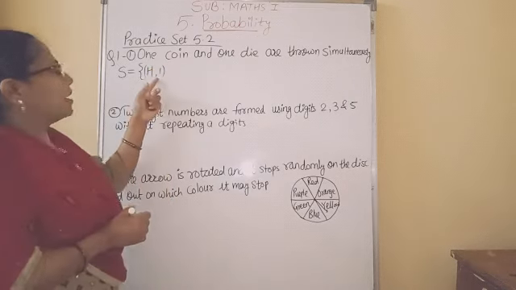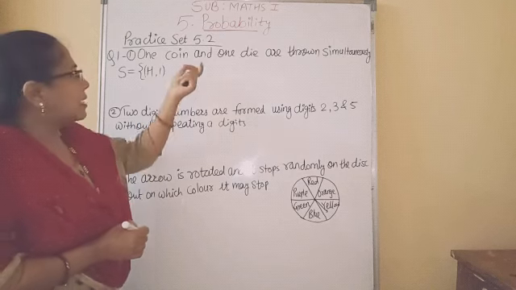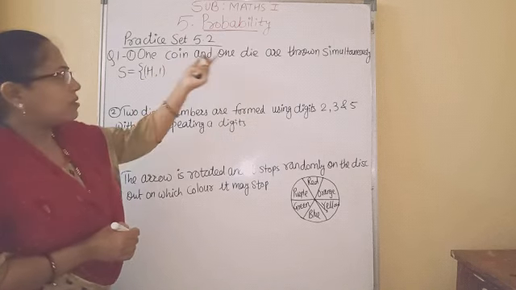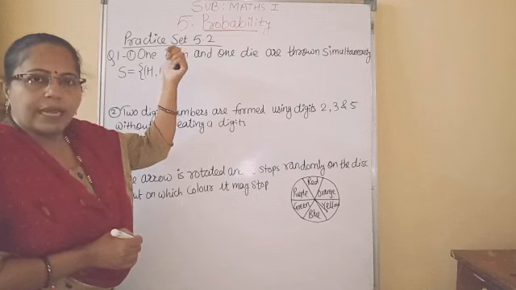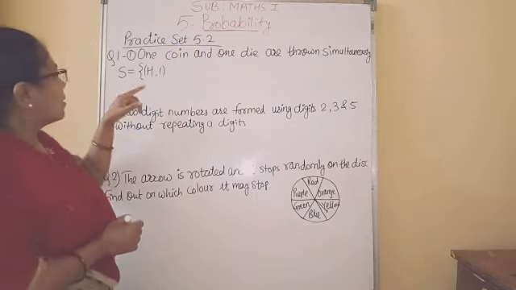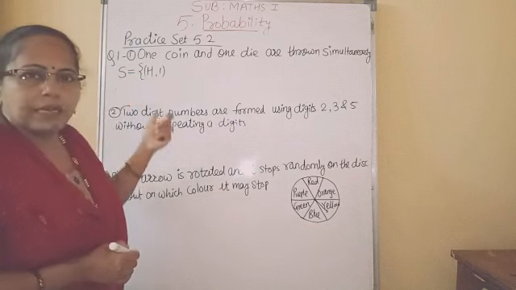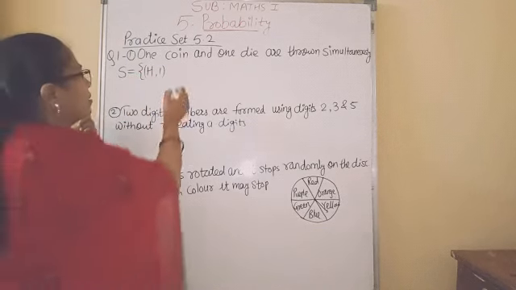So H1 is the first result. You know the results for a coin toss and a die thrown: for the coin, head and tail, and for the die 1, 2, 3, 4, 5, 6. So imagine that on the coin you will get head and on the die you will get 1.